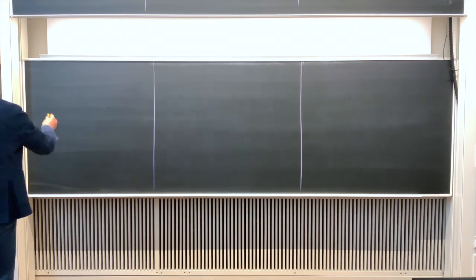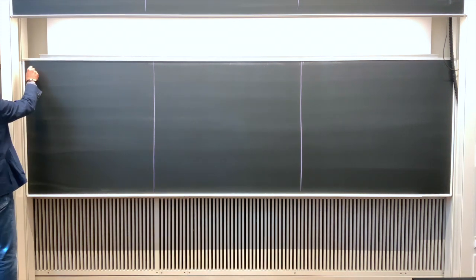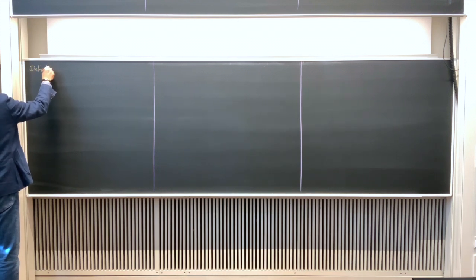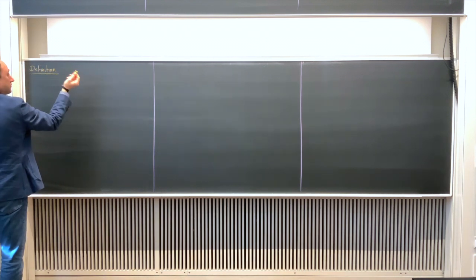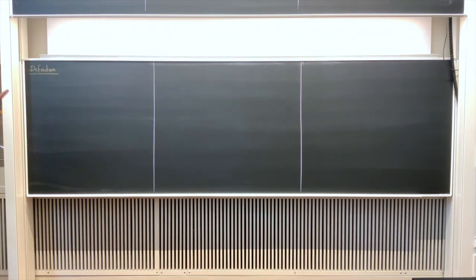Let me write this definition. This is actually a recap for the time being. I am deviating a little bit from the notes, and then I will come back to the notes, okay?